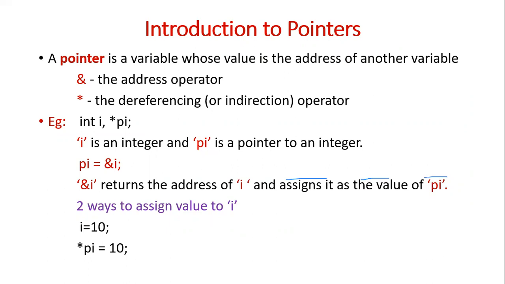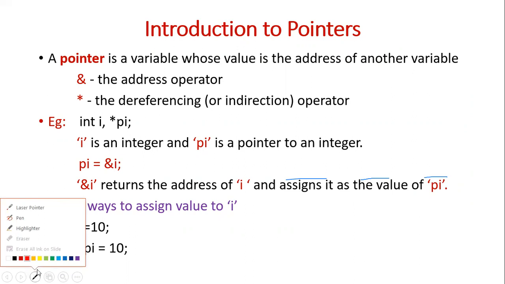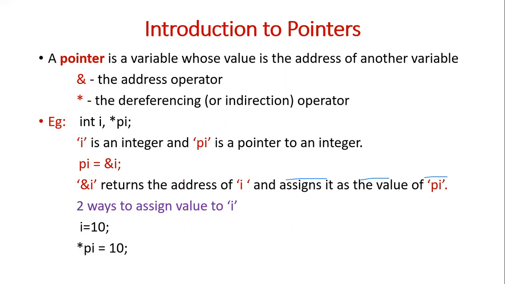So this is how we can define a pointer: a pointer is a variable whose value is the address of another variable. What do you understand by that?